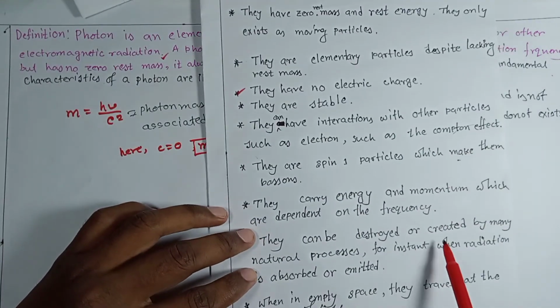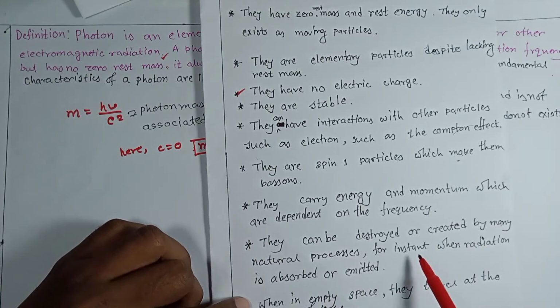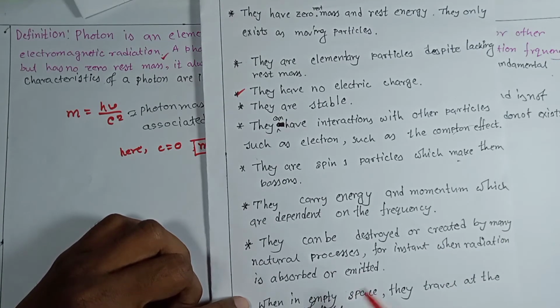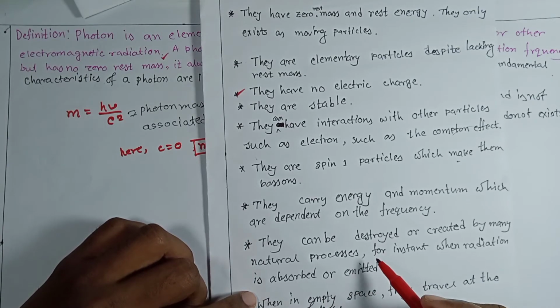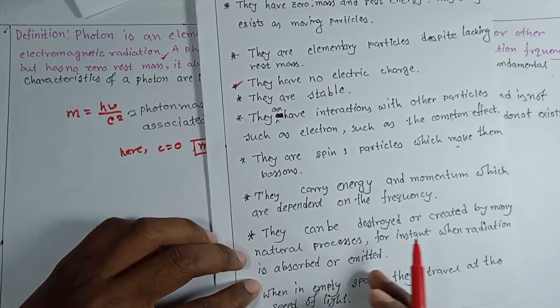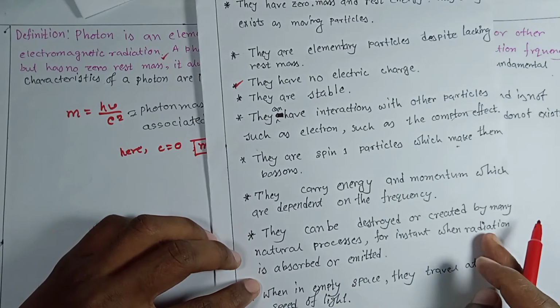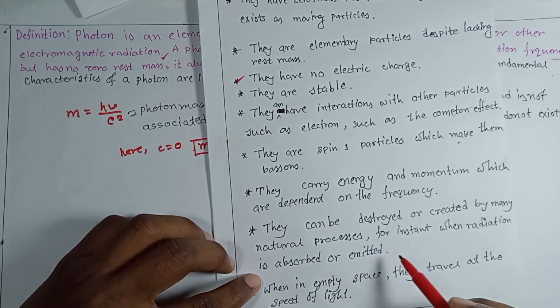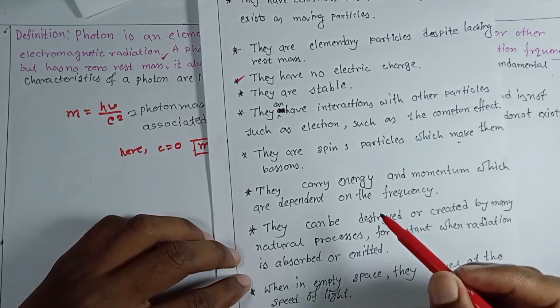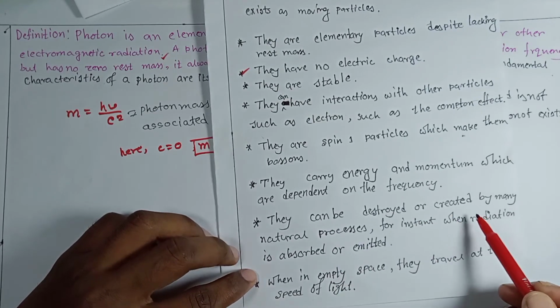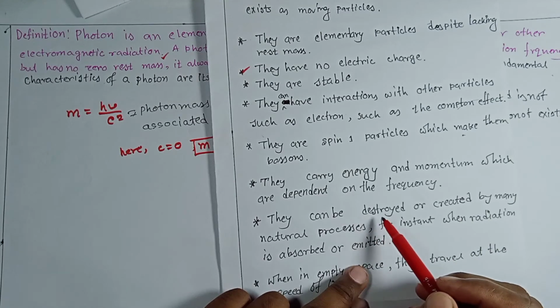They can be destroyed or created by many natural processes, for instance when radiation is absorbed or emitted. We will see in the absorption part in laser that when absorption occurs, the photon is destroyed.